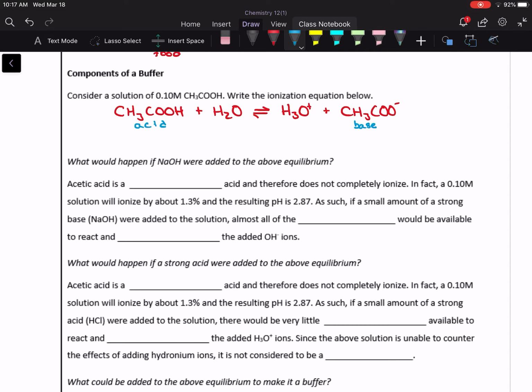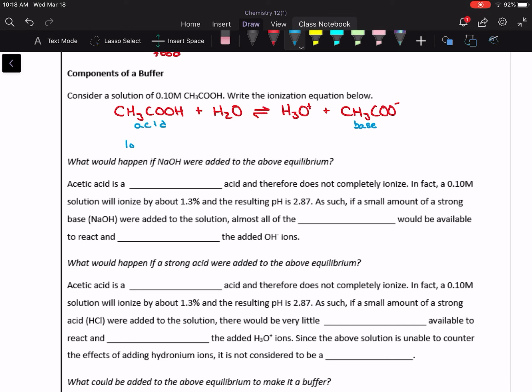Acetic acid, as we know, is a weak acid, as noted by the double arrows, meaning that it's going to ionize only a small amount. In fact, it only ionizes about 1.3% for a 0.1 molar solution. So that means that most of the acetic acid is going to stay intact.